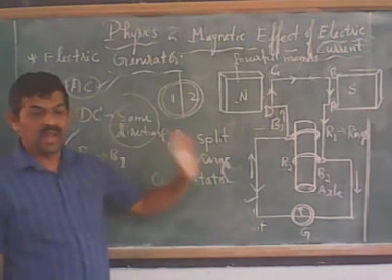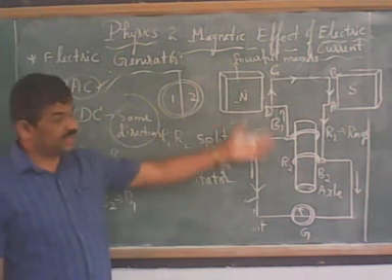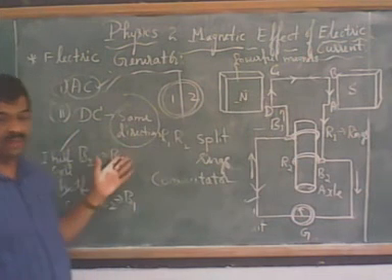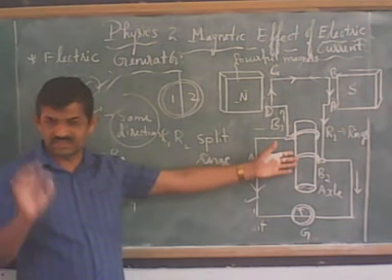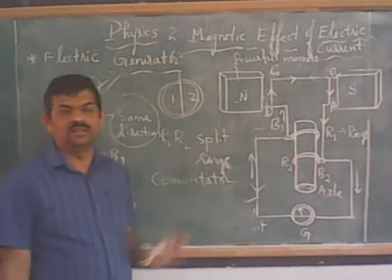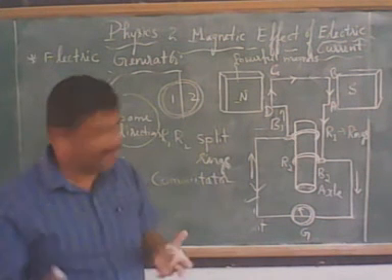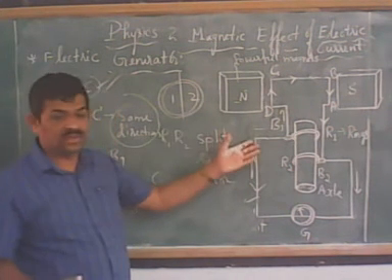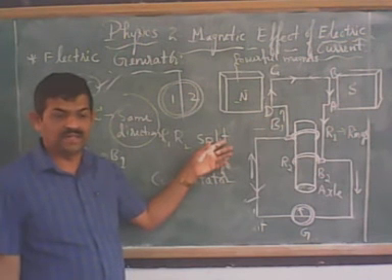Number 2: explain the working of the electric generator with its principle. What is the principle of the electric generator? You have to mention it, then state how it is working. And how can you change the alternating current system to a direct current system in the electric generator?